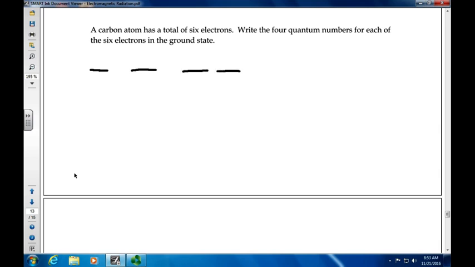So if we were to imagine a periodic table of elements, you would know that you have your s orbital, your p orbital, your d orbital, and your f orbital. Your s orbital, you would start with 1s, and then you'd have 2s, and then you'd have 2p.